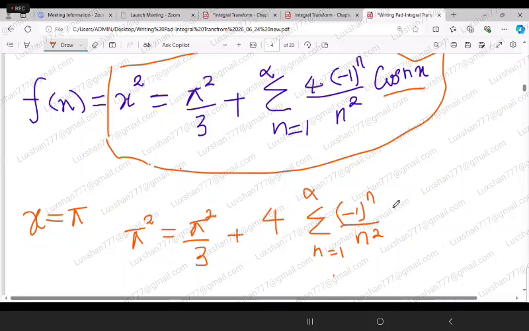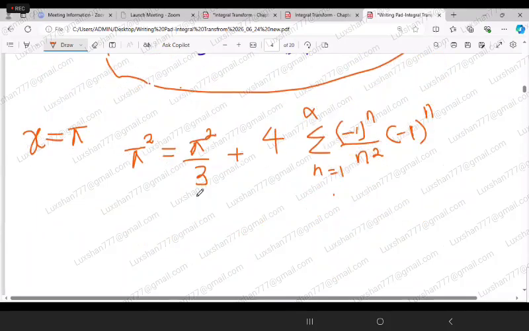What is cos n pi? Minus 1 to the power n. So what is this actually?